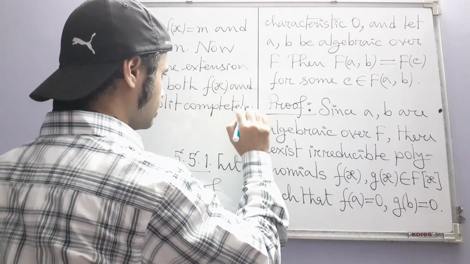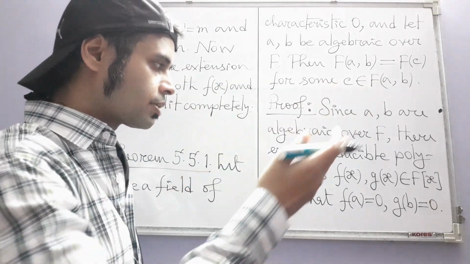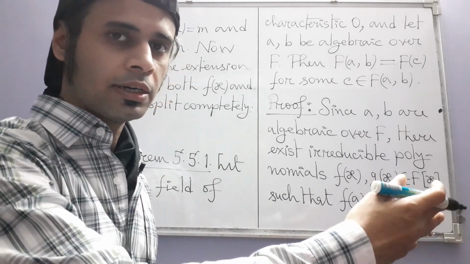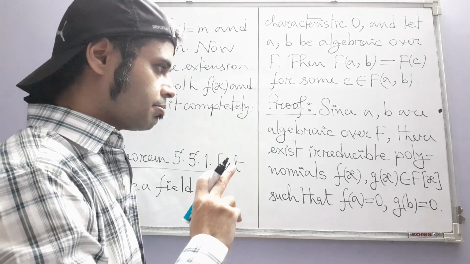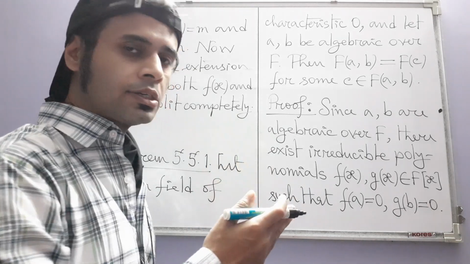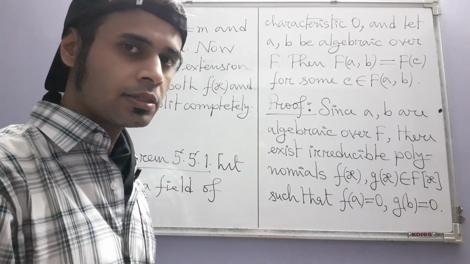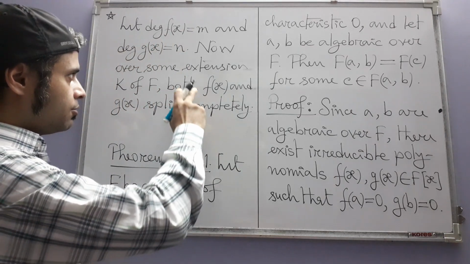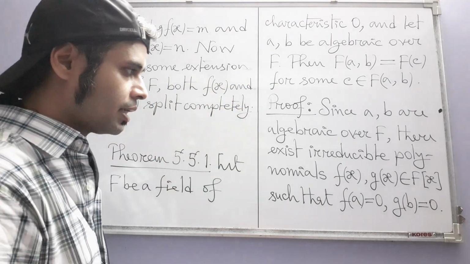We know that if we are given a polynomial, then there is an extension of the base field over which the polynomial splits completely as a product of linear factors, and such an extension with the smallest possible degree over the base field is called the splitting field of the polynomial. But how are we going to get such an extension simultaneously for two of them? That is rather easy.